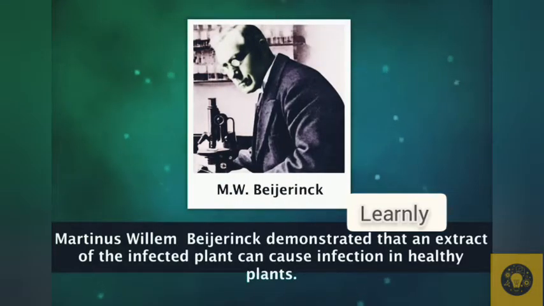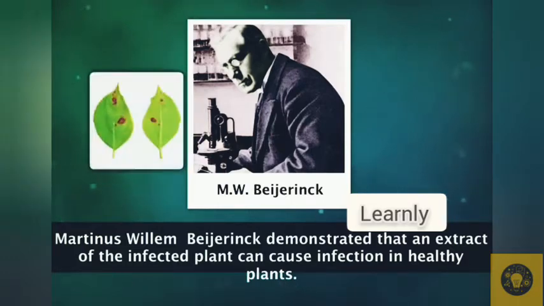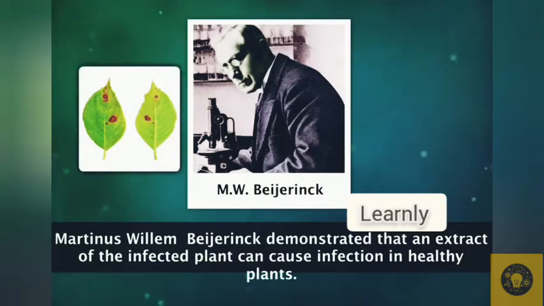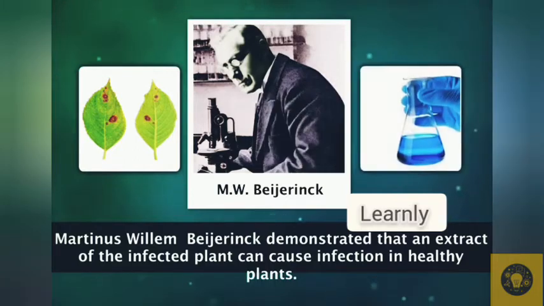In 1898, Martinus Wilhelm Beijerinck replicated Ivanovsky's experiment and demonstrated that the filtrate remained highly infectious even after being diluted many times. He called the fluid Contagium vivum fluidum, which means infectious living fluid.